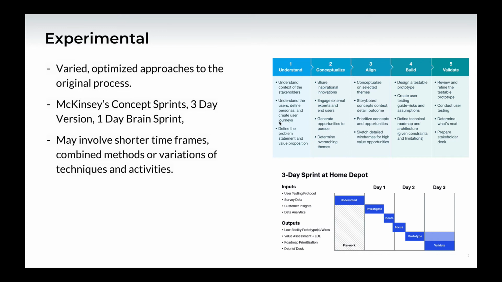Some well-known examples of experimental design sprints have been McKinsey's concept sprints that address strategic needs of a business, 3-day versions of the design sprint that Home Depot has done and that Google also experiments with, 1-day design sprints and brain sprints, there's research sprints, all sorts of variations that combine a lot of different methods. But essentially what you're attempting to do is leverage what tools you have with the strengths of the team you have and combine them into a package that will elicit the right outcomes that you're looking for as a business or even as a team.